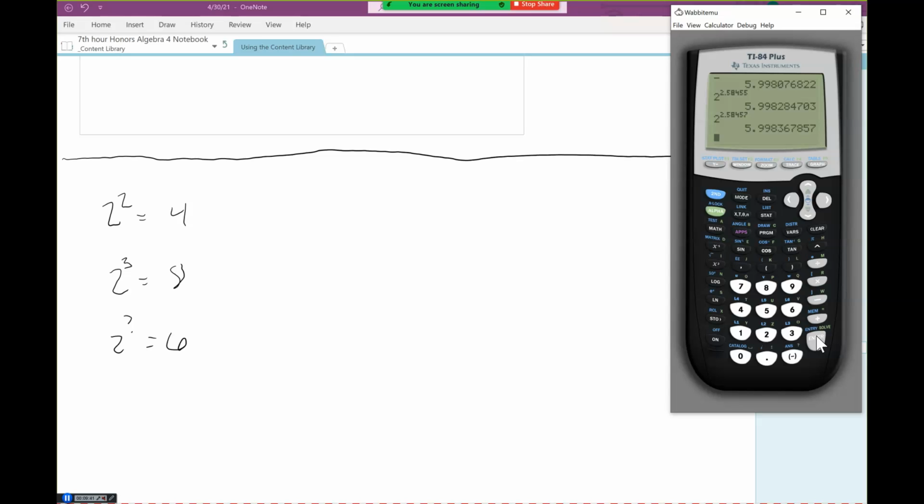Everybody agree with that? So we're going to give this specific number a name to represent it, because we don't want to write down an irrational number, just like we gave 1.414 yada yada yada the name square root of 2, or the number 1.73 yada yada yada the square root of 3.